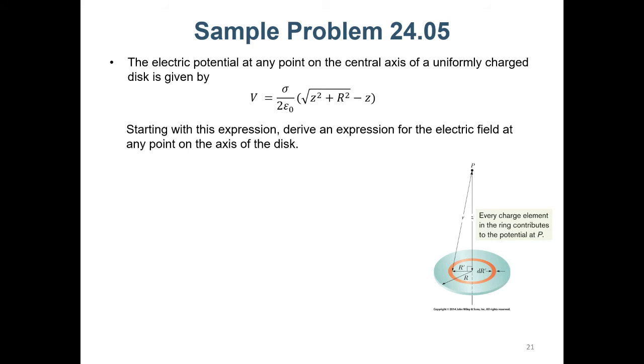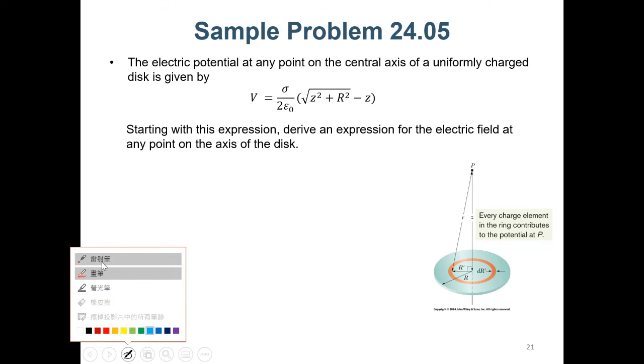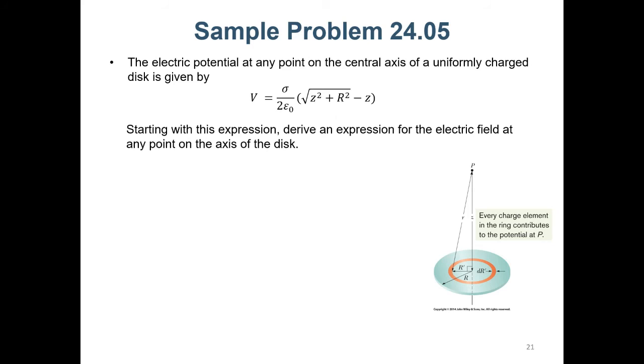Maybe we can finish this one. Here, the electric potential at any point on the central axis of a uniform charge disk is given by this one. We just derived it a few minutes ago. Starting with this expression, derive an expression for the electric field at any point on the axis of the disk.